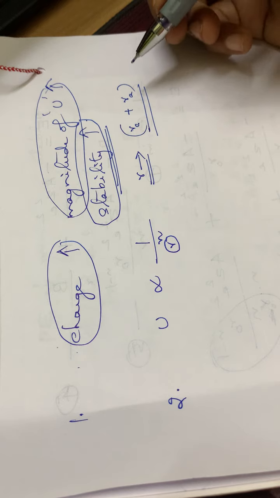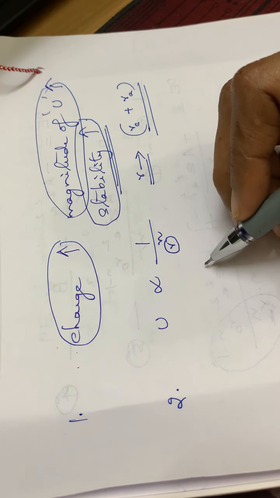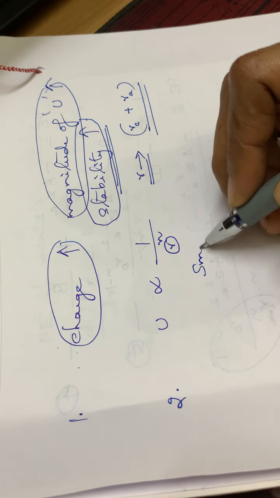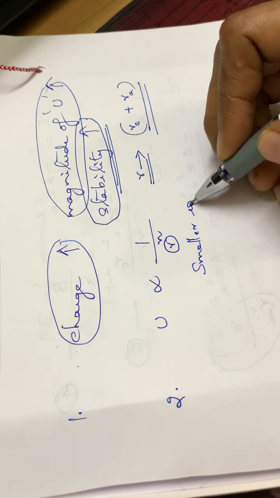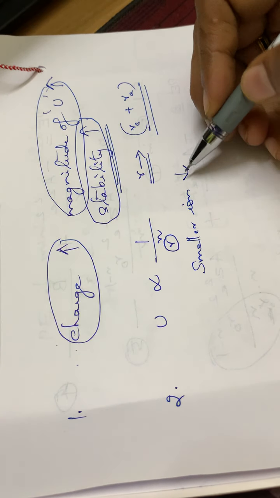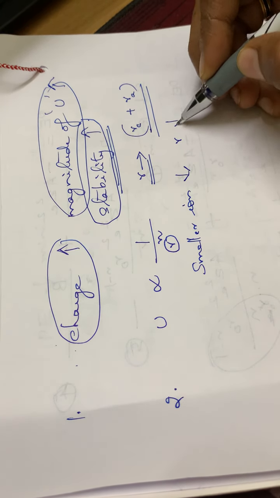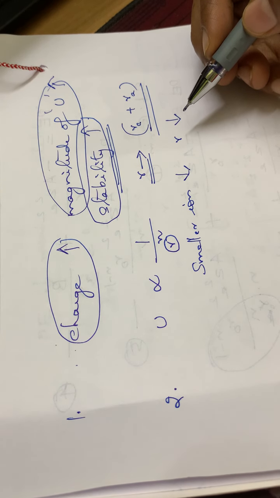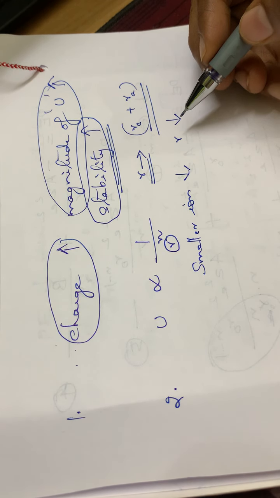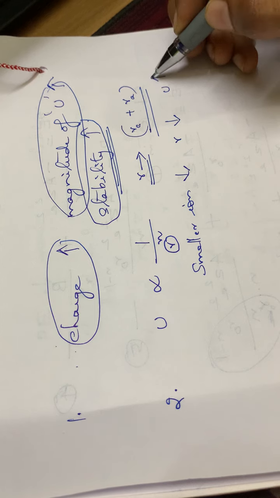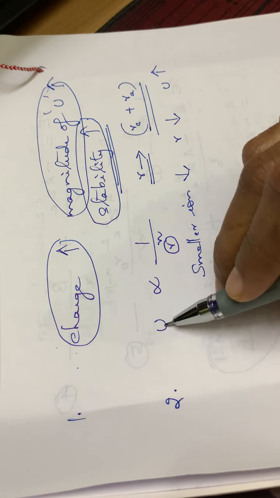So if the ion size is small, the interionic distance will be small. Then the lattice energy will be high, since both are inversely proportional.